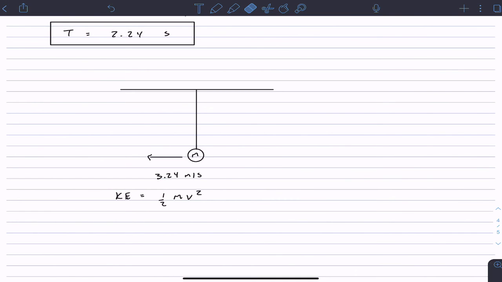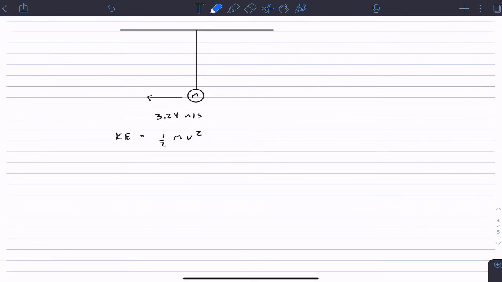But that's not the case. This is a simple pendulum. It's ideal. So h is equal to 0 right here. If this swings up to this position, then we definitely need to consider mgh, where h is this distance here, because it's going to swing down. But guess what? It's not. So we don't need to consider that.